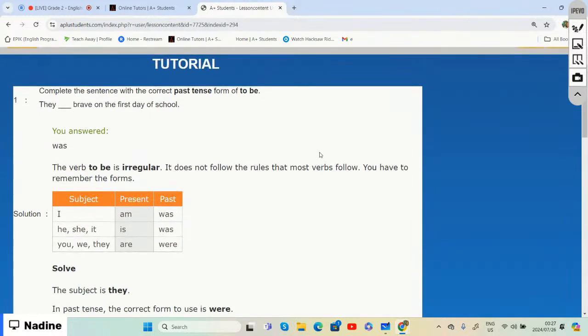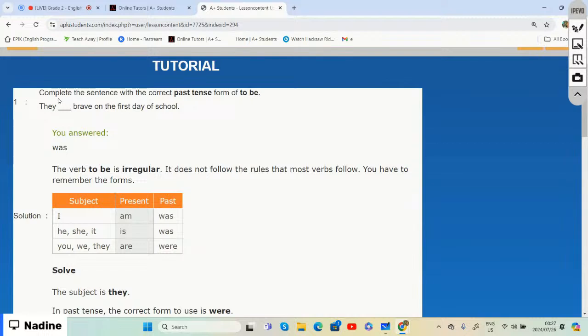And if we look at an example, or an activity, it says we need to complete the sentence with the correct past tense form of to be.